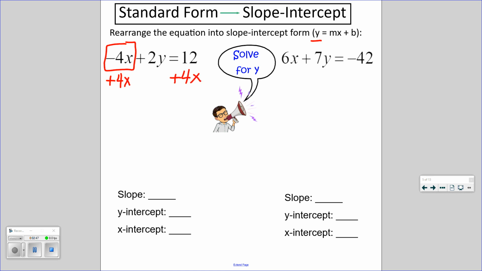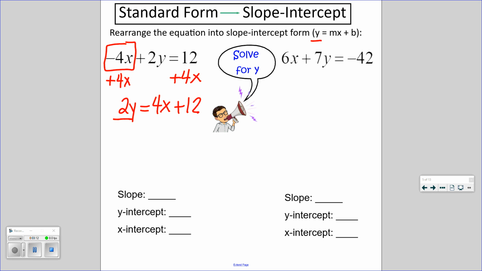When I do that, the x's will cancel on the left, and I get 2y is equal to 4x plus 12. Now, I put the 4x on the left side of the 12 because that's how I'm used to seeing it in the y equals mx plus b.